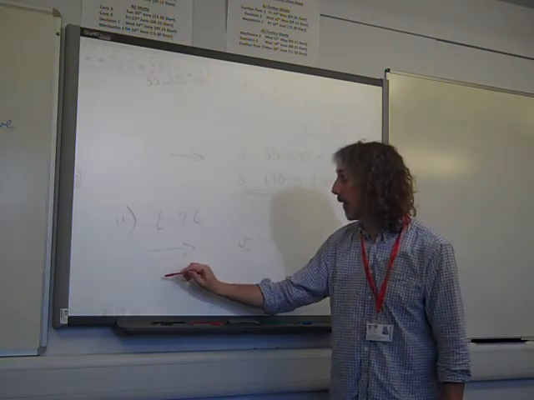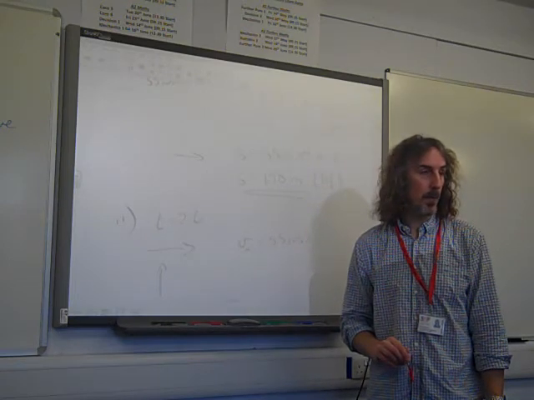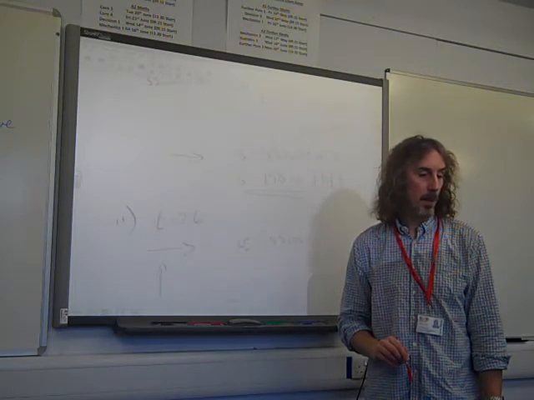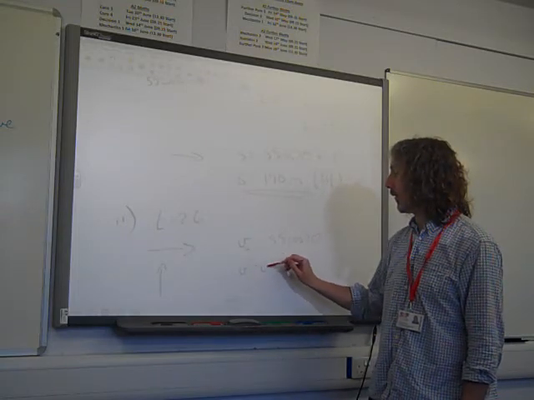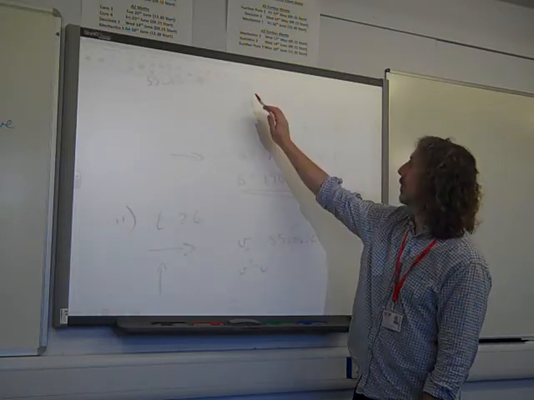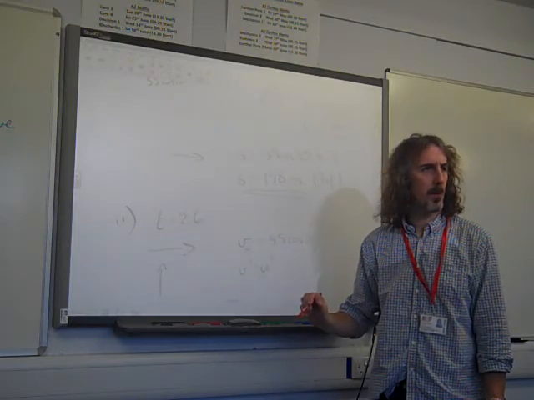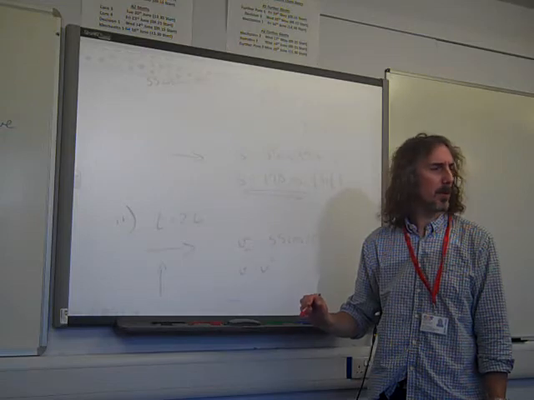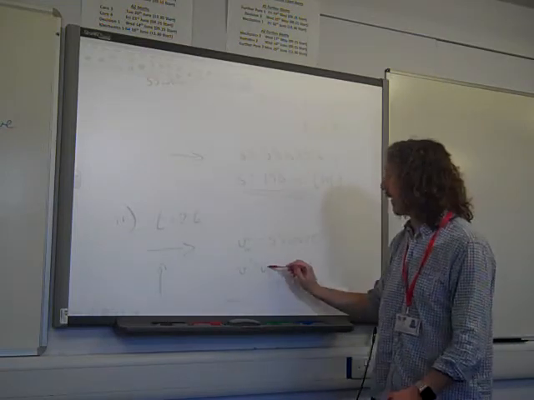If we think about the vertical direction, what do we need to use from this? v squared is u squared. No, that's not the right one. What do we need to use for this one? v equals u plus at. That would work.